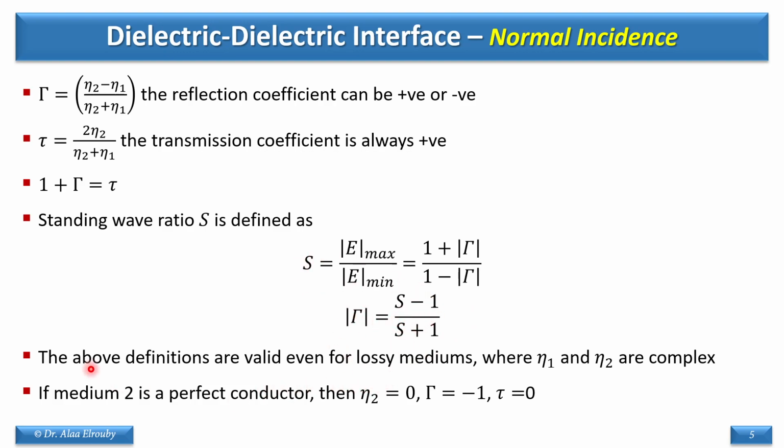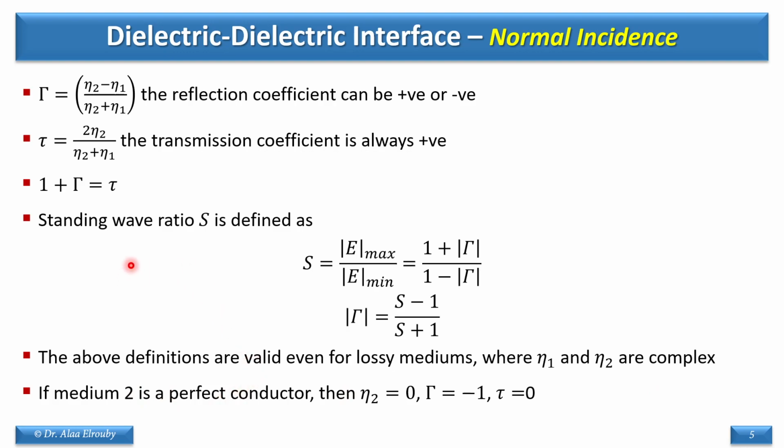And just a note here, all those definitions are valid even for lossy media. For lossy media, what will be the difference? The difference would be that eta 1 and eta 2 will be complex values, so tau and gamma will also be complex values.